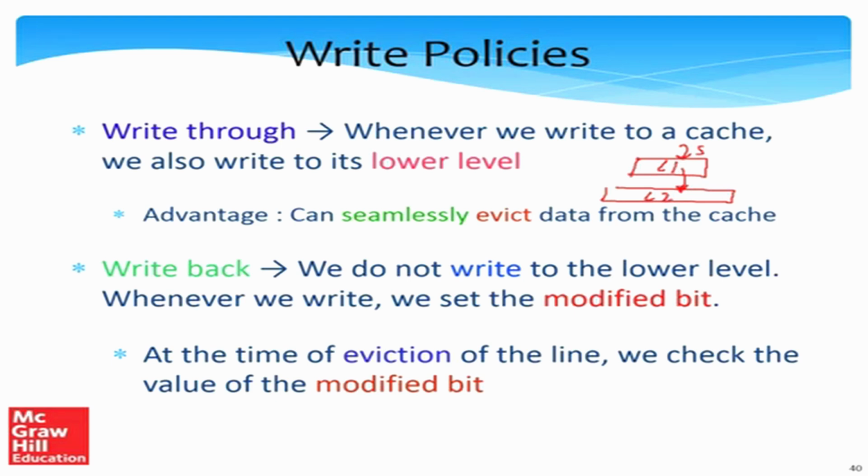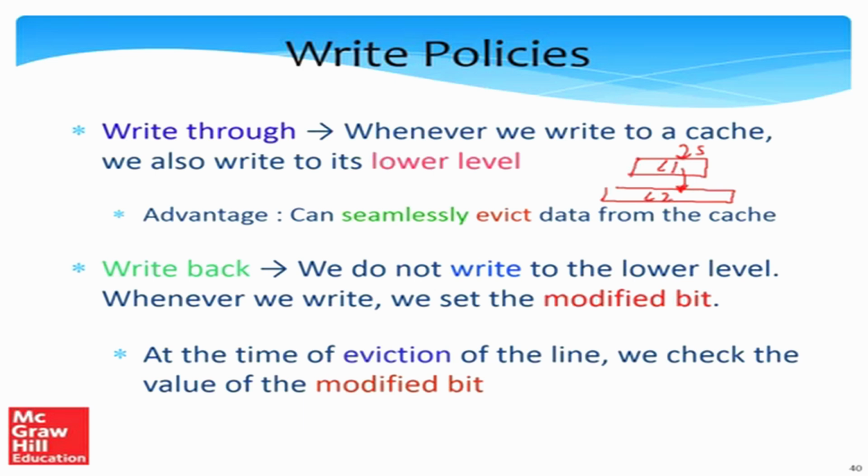One advantage is that I don't have to maintain a modified bit. Well, we need it in some cases, but in general, no. If I want to throw this block out of the cache, I can happily throw it, right? So we can seamlessly evict data from the cache. In that sense, for write through, when you are doing a simple discussion, a modified bit is not required.